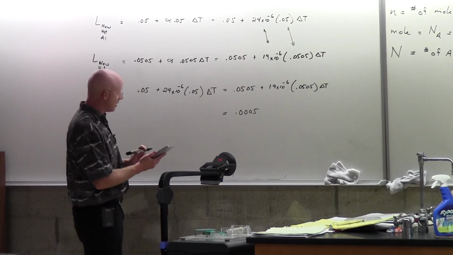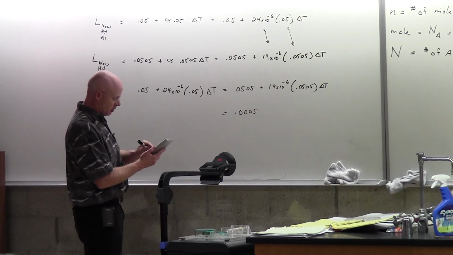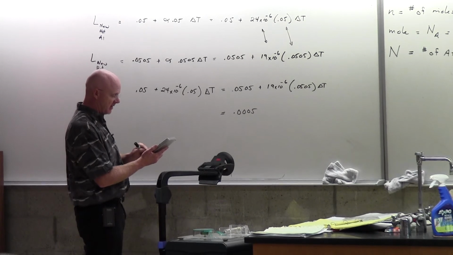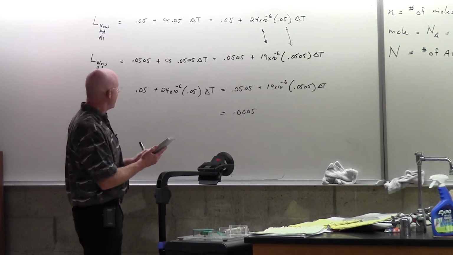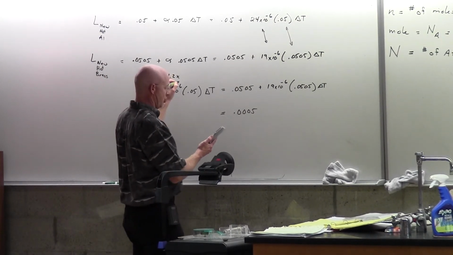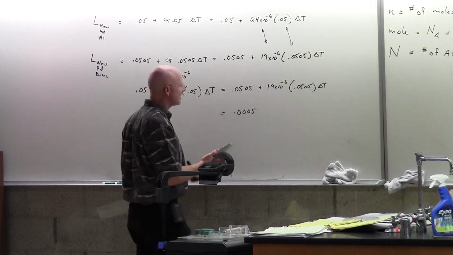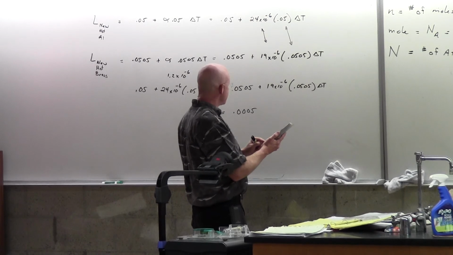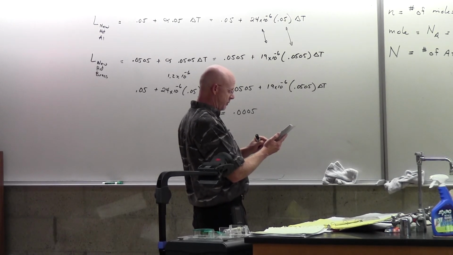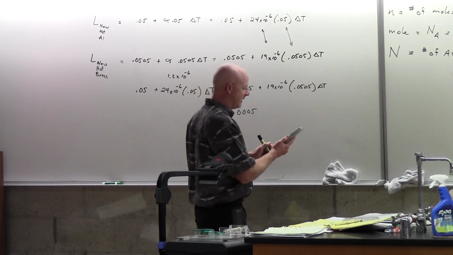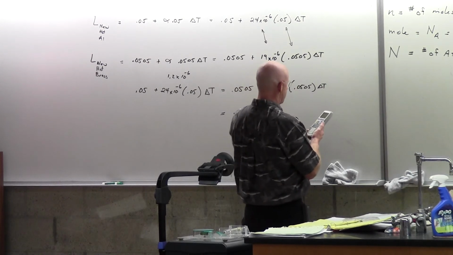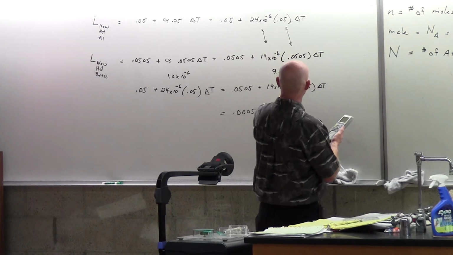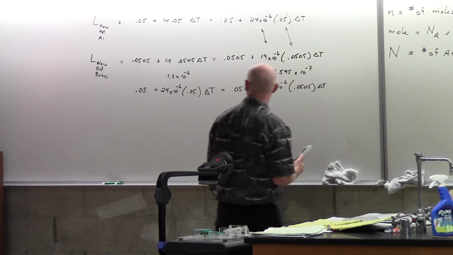Since I'm kind of short on time, I'll just plug this into the calculator. 24 times 10 to the minus 6 times 0.05 is 1.2 times 10 to the minus 6. Over here, 19 times 10 to the minus 6 times 0.0505 becomes 9.595 times 10 to the minus 7.